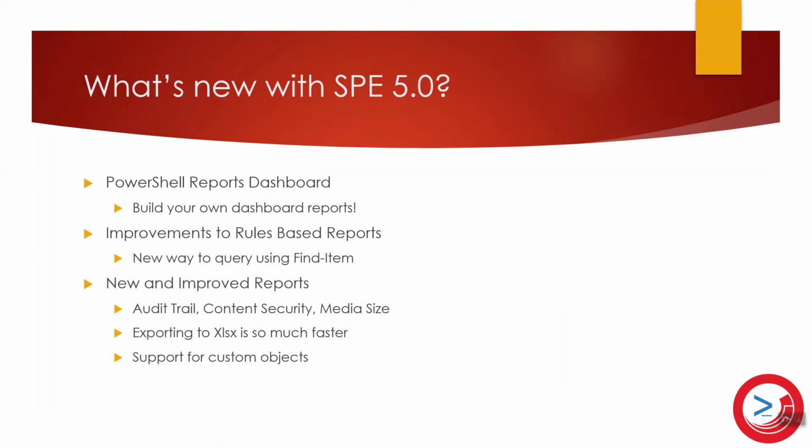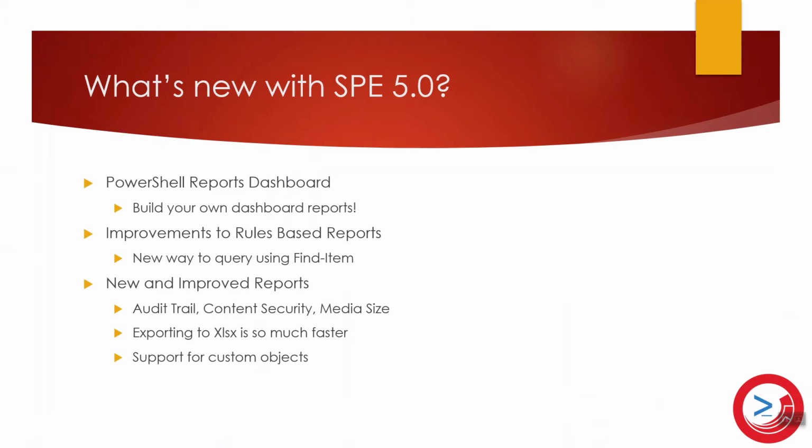There's an audit trail report that looks at the log files. There are some content security reports that admins may find useful. And even the media reports, primarily one that will find items of a specific size, but the size and file type has been added to many of the other reports.